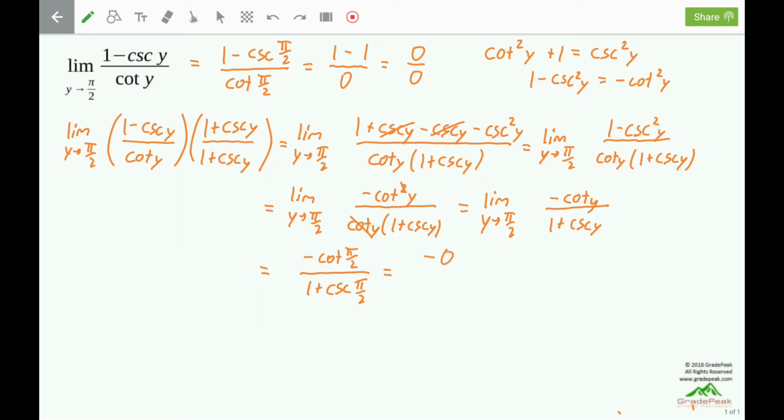So we have a negative 0 divided by 1 plus the cosecant of pi over 2, which is 1 over the sine of pi over 2, which is 1 over 1, which is 1. Negative of 0 is 0. 1 plus 1 is 2. 0 divided by any non-zero number is 0.